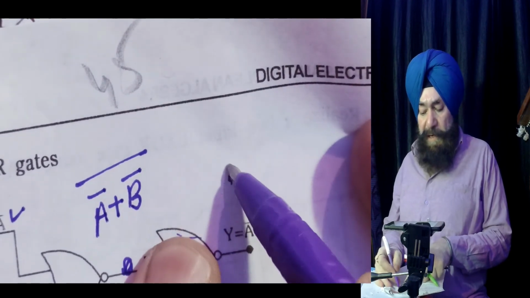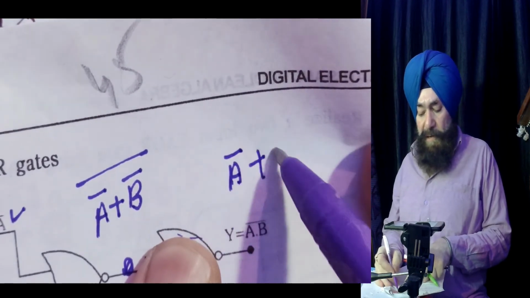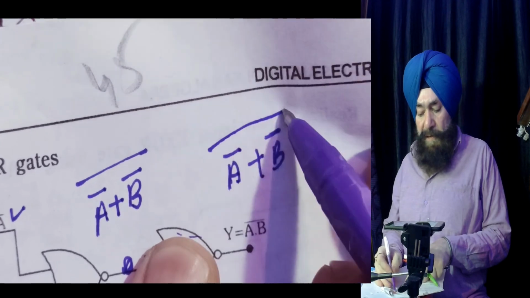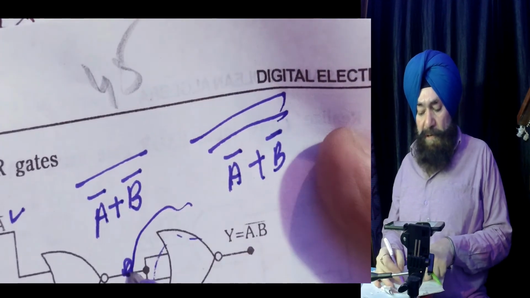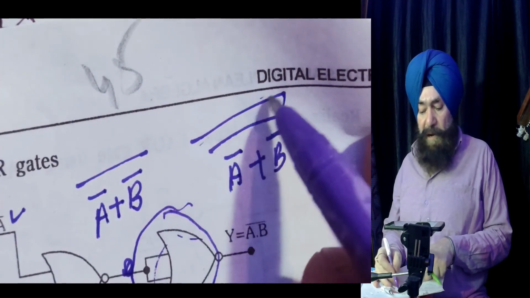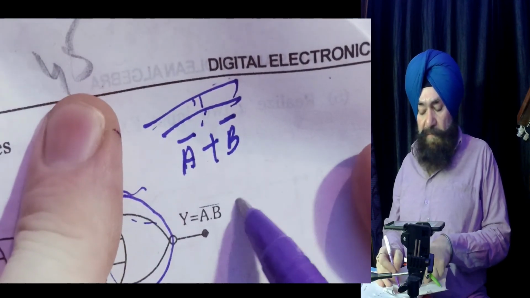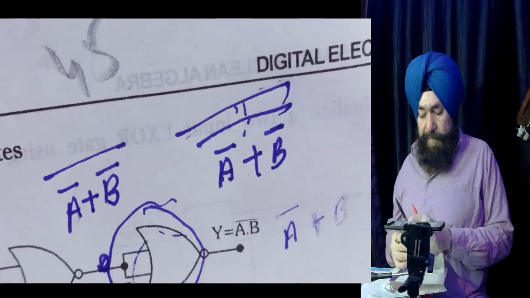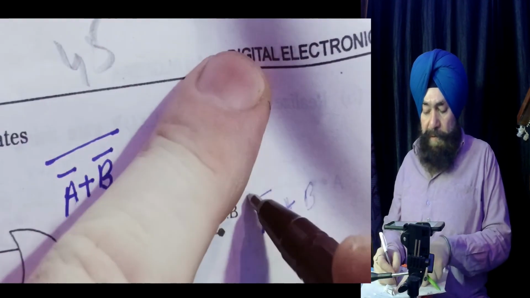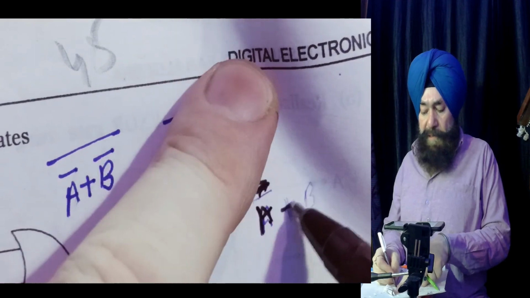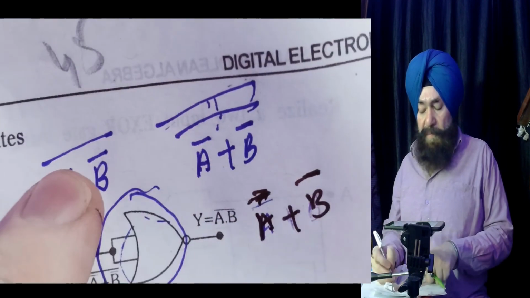So lastly here it is A bar plus B bar, and again this, because of this NOT gate. Second bar, 2 bars cancel, so it becomes A bar plus B bar.